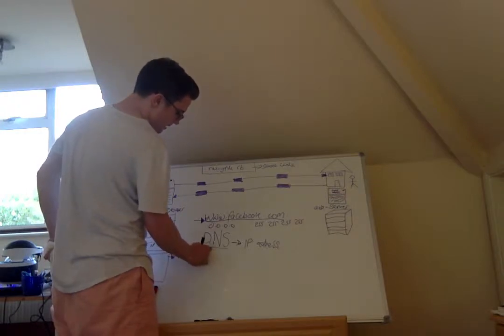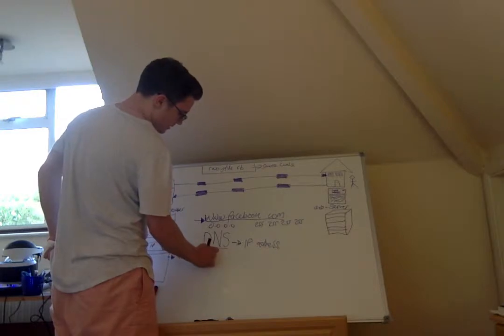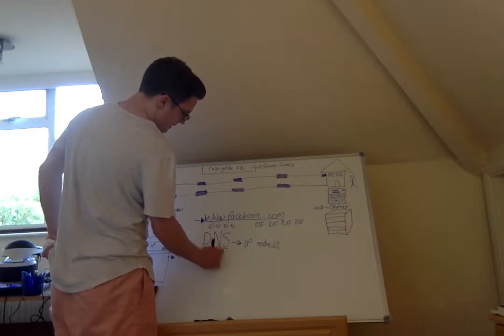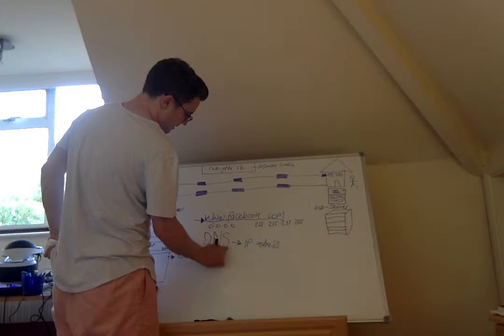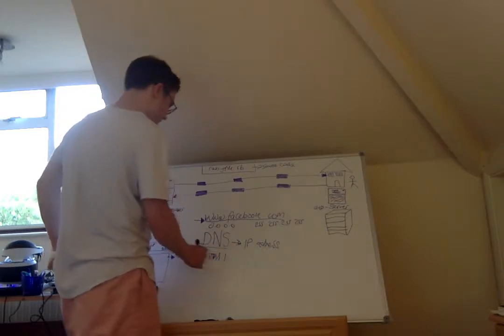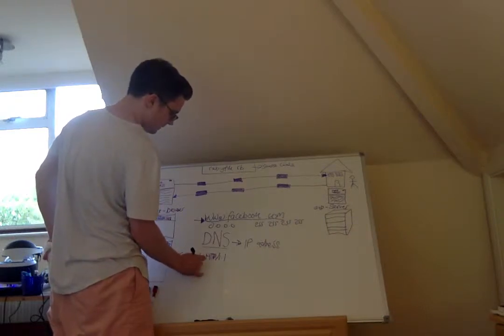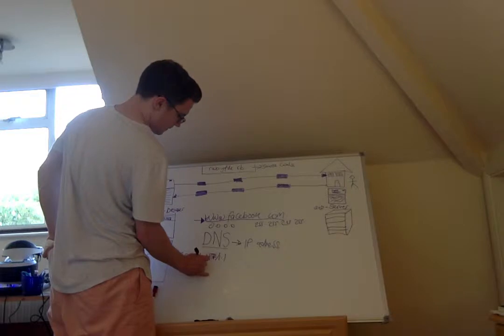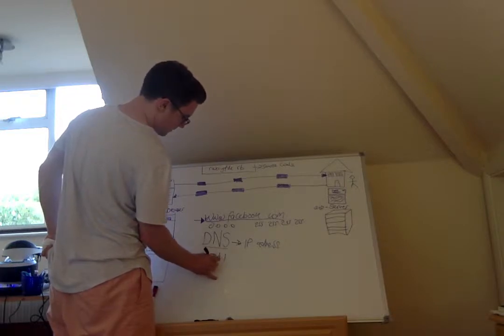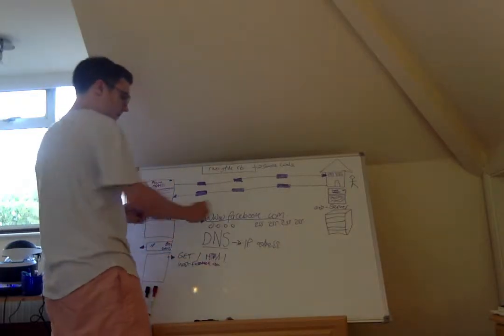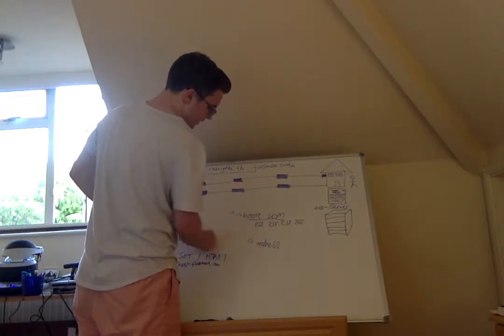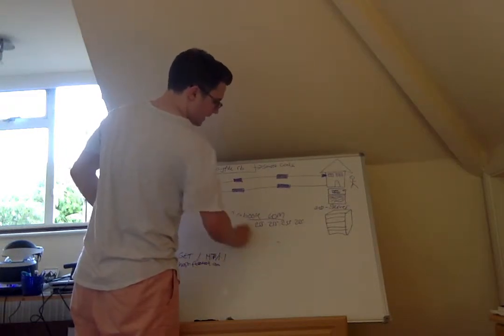So GET homepage HTTP version 1.1, and then Host: facebook.com. Alright, so I'm getting rid of this bit just because that was just explaining IP and DNS. We'll keep this nice and clean.